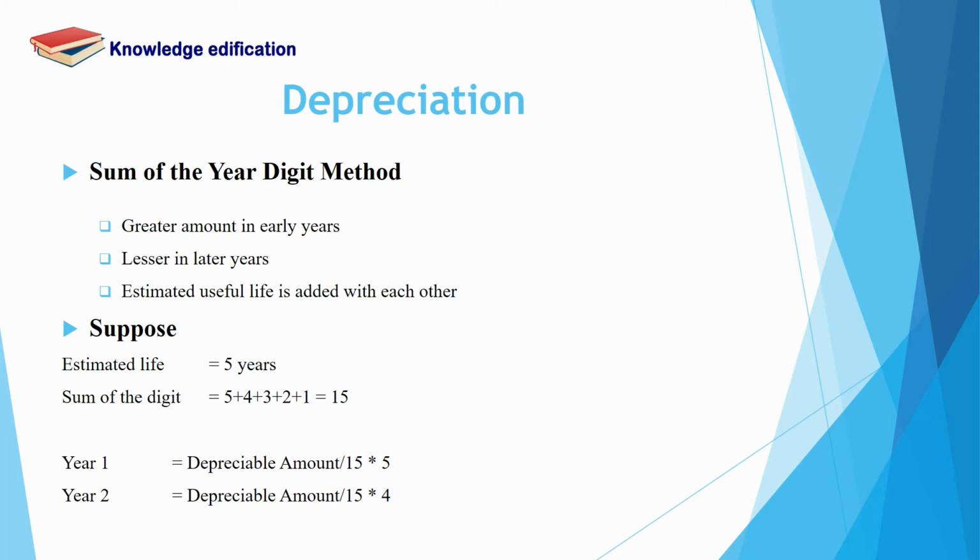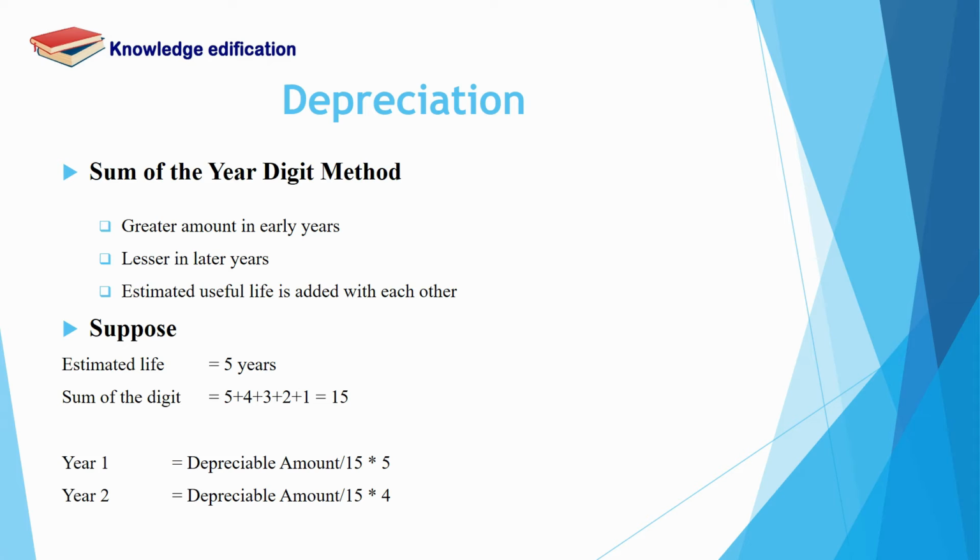Next and the last is sum of the year digit method. In this method, a greater amount of depreciation is charged in early years and less in later years. Under this method, the years of estimated useful life are added together. Suppose estimated useful life is 5 years.